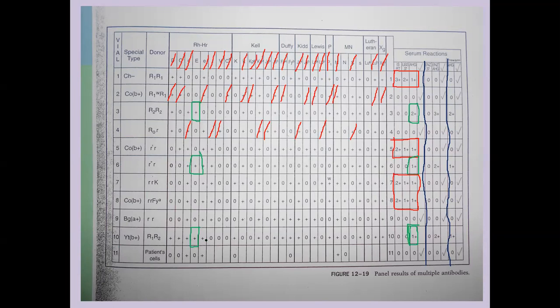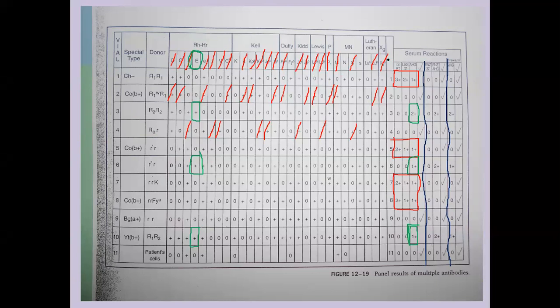And when we look at cell 10, that is also heterozygous for the big E. So this could really explain why cell 3 is reacting more strongly than cells 6 and 10: dosage. Okay, so we have a double shot of E on cell 3 and weaker antigen expression on both cell 6 and 10. So that makes perfect sense with what we have so far. So I'm going to do a circle on the big E because I really feel that that's one of them.